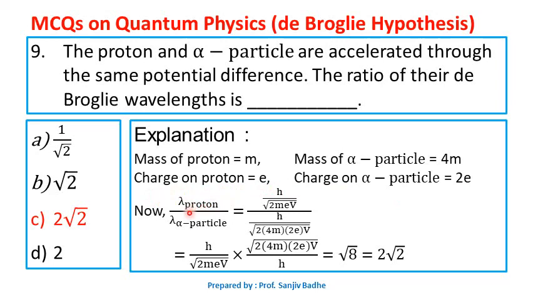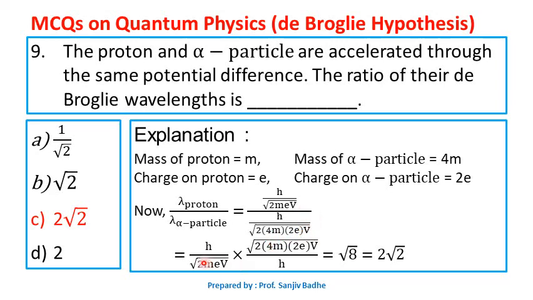So with this we can write the ratio of wavelengths as lambda proton, that is wavelength of proton, upon lambda alpha particle, that is wavelength of alpha particle, to be equal to. Now this lambda proton according to de-Broglie hypothesis can be written as h upon square root of 2meV. Using the same relation, we can write the wavelength associated with alpha particle as h upon square root of 2 into 4m into 2eV. Here 4m is the mass of alpha particle and 2e is charge on the alpha particle.